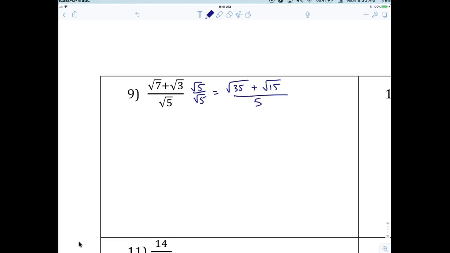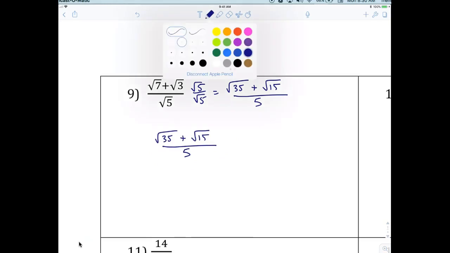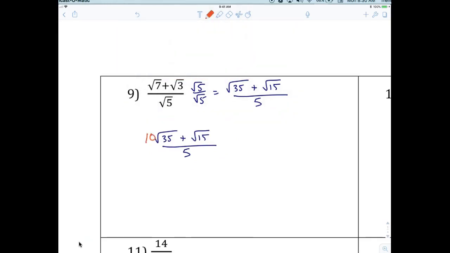Very easy. Yes. When would you simplify? You would simplify. For example, let's make this a problem. Let me change it for you to something that you can simplify so you understand. All right, look. Let's say I really wanted this to be, for example, 10 radical 35 minus 5 radical 15.